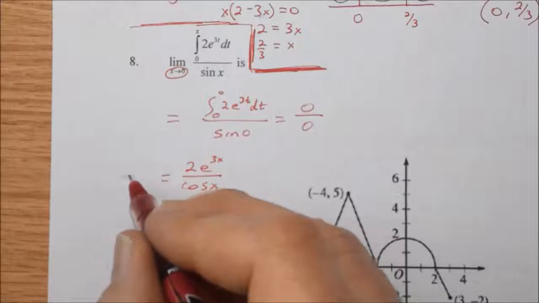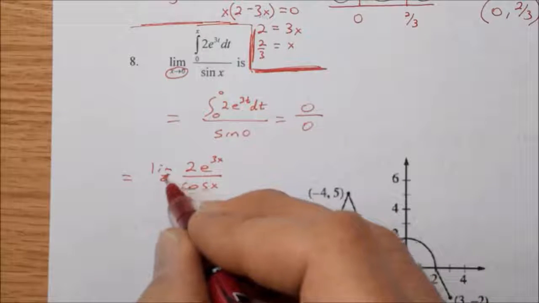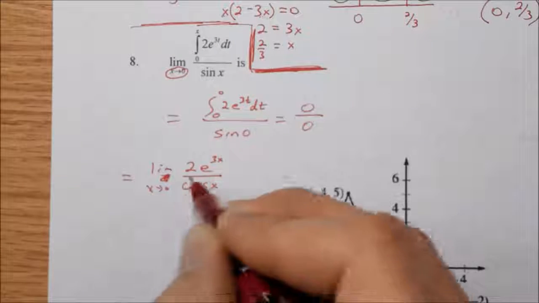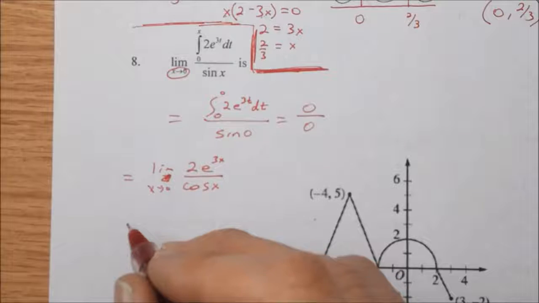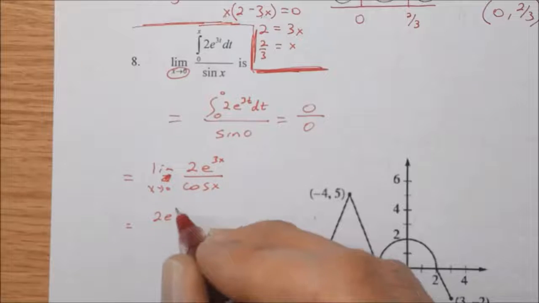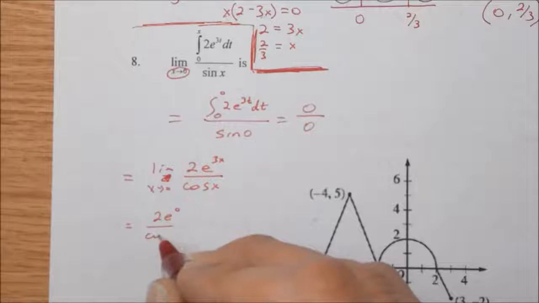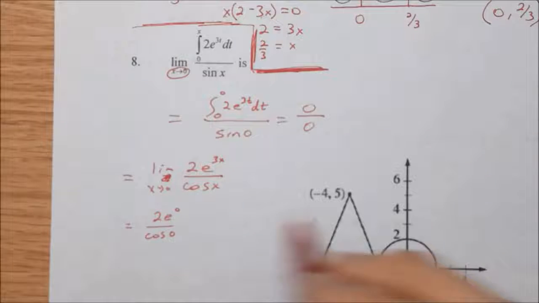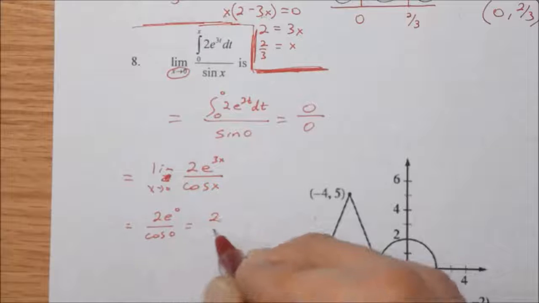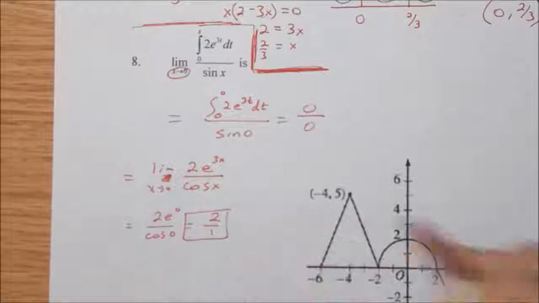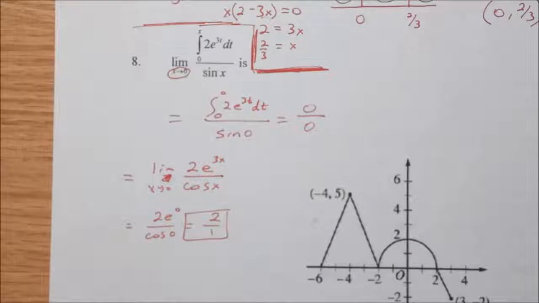So actually this should say equals the limit as x approaches 0 of this. Excuse me for that. So we plug 0 in, which means we have twice e to the 0 over the cosine of 0. E to the 0 is 1, twice that is 2. Cosine of 0 is 1, so the limit is equal to 2.